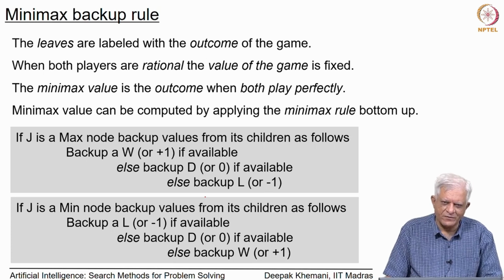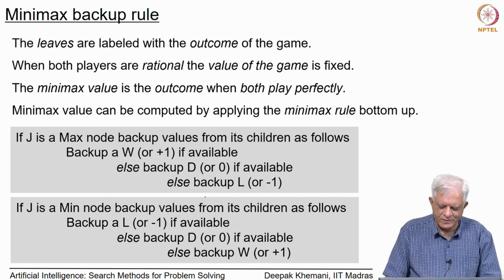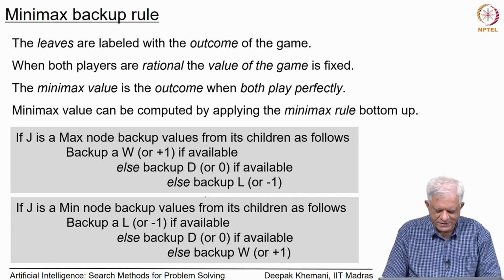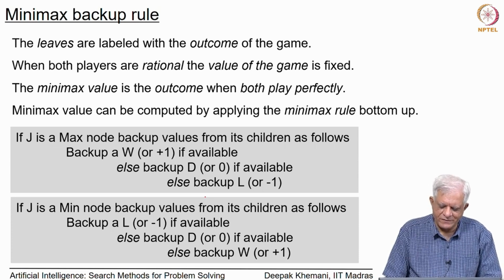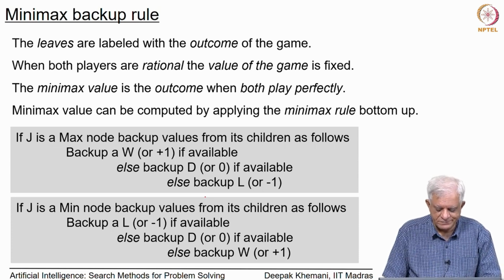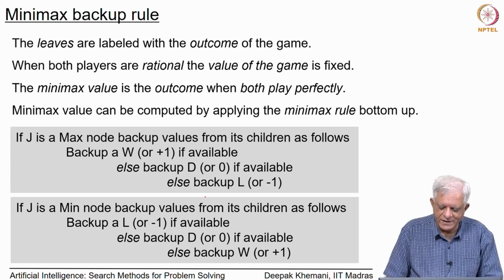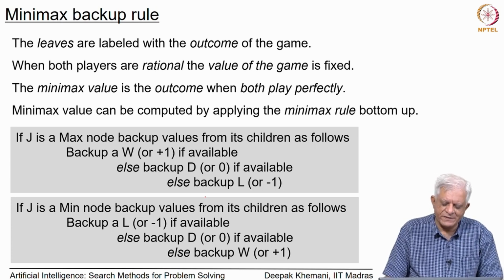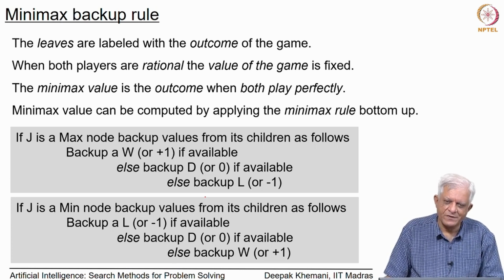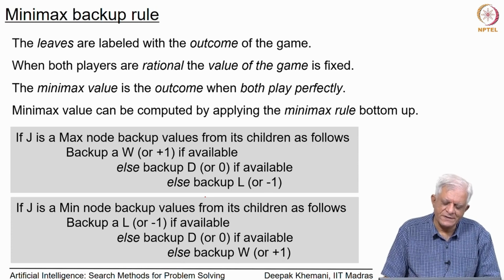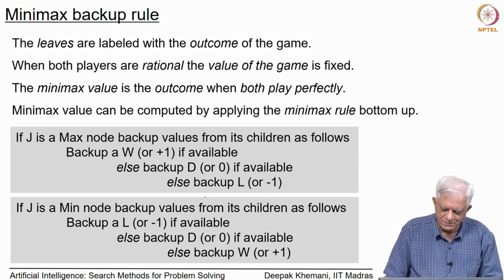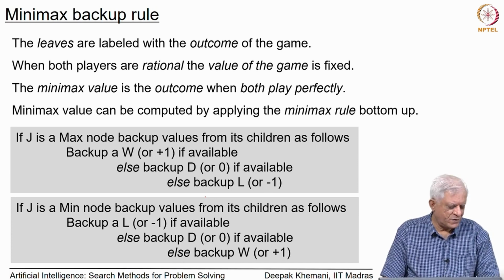If it cannot get a value of -1, it will also, like Max, settle for a draw. So, the second choice is always 0 or draw for both the players, and the third choice is to lose the game, in which case it will have to back up a value of W, which is a win for Max but a loss for Min. So, at each layer we can do this backup of values, and once we do this, we will get the minimax value of the game tree.